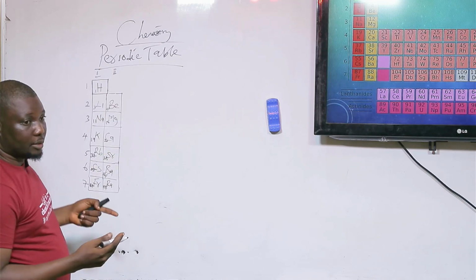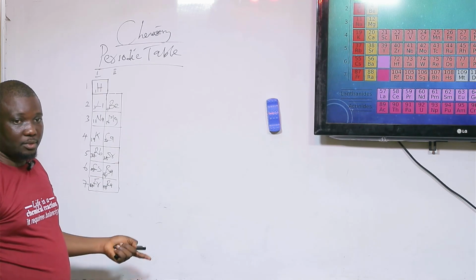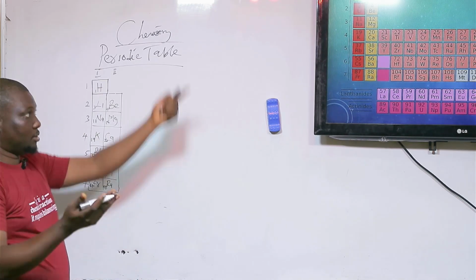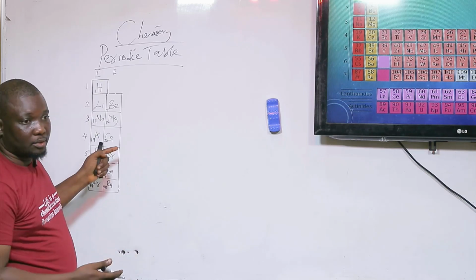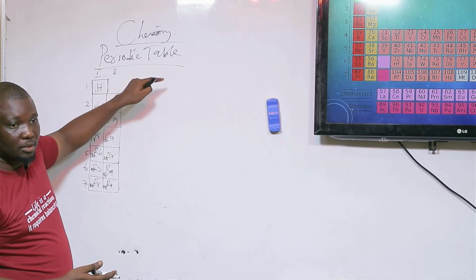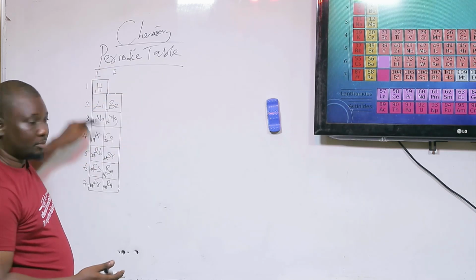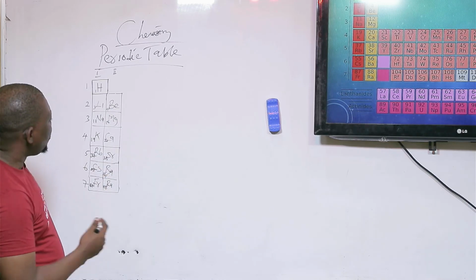That is for African students, but for international students, any number is okay, so far as it is a number. But we are using Roman numerals for groups, and numerals for periods.